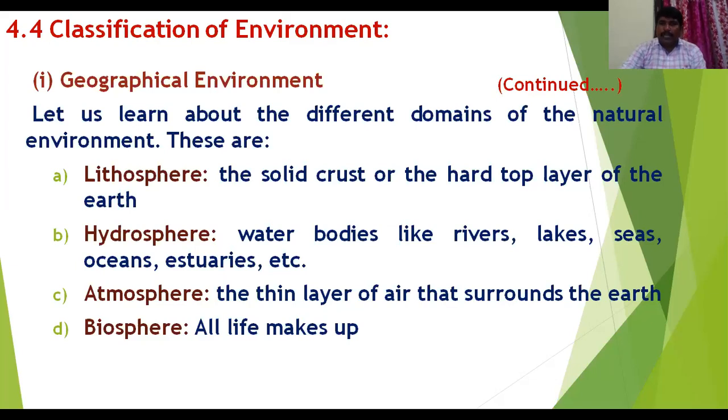The lithosphere is an irregular surface with mountains, plateaus, plains, valleys, landforms, etc. It is the domain that provides us with forests, grasslands for grazing, land for agriculture and housing. It is also a source of minerals.